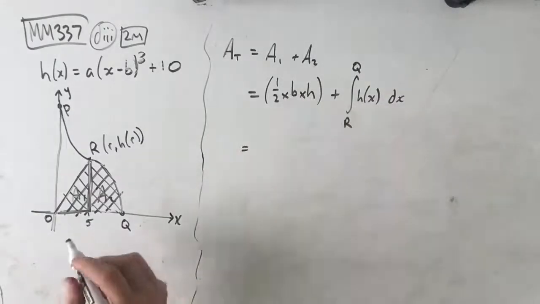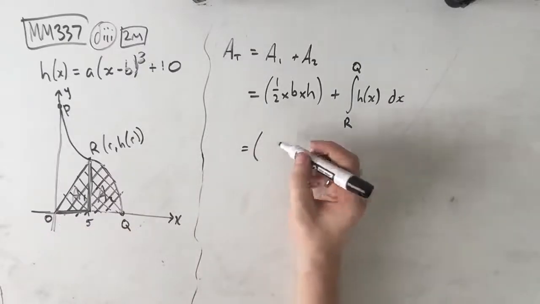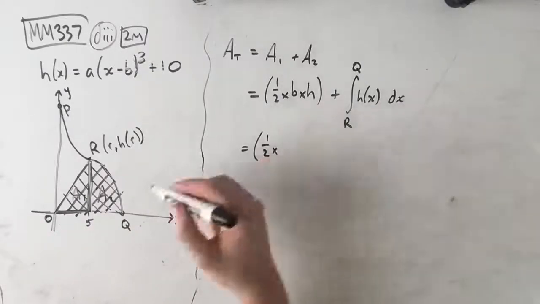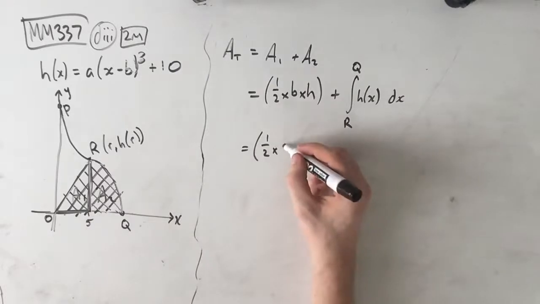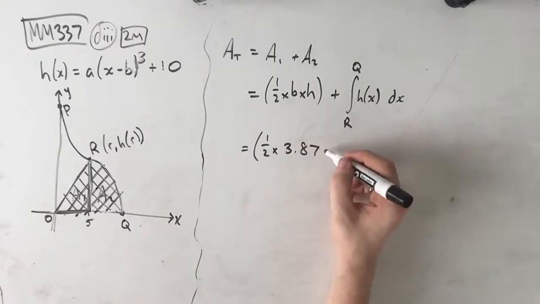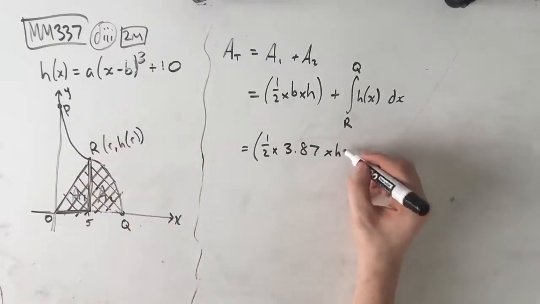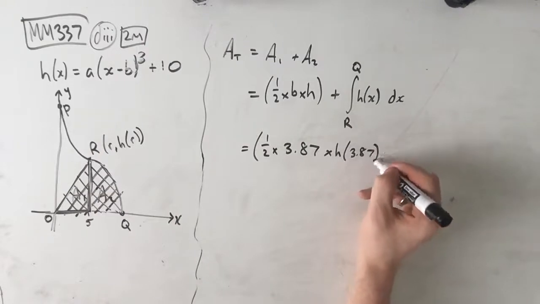Now, the base is from here to here, which puts us at our R value, which is 3.87. We found that in the previous question. And then our height is the y value at that point, so h of 3.87.